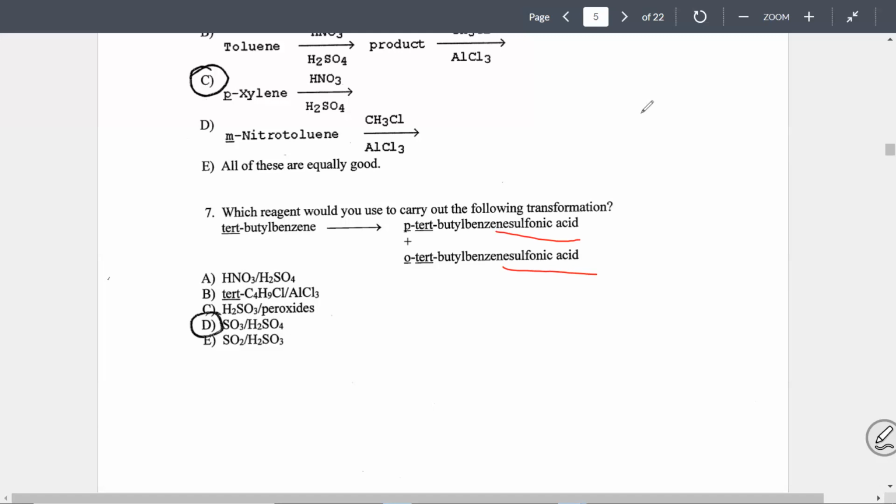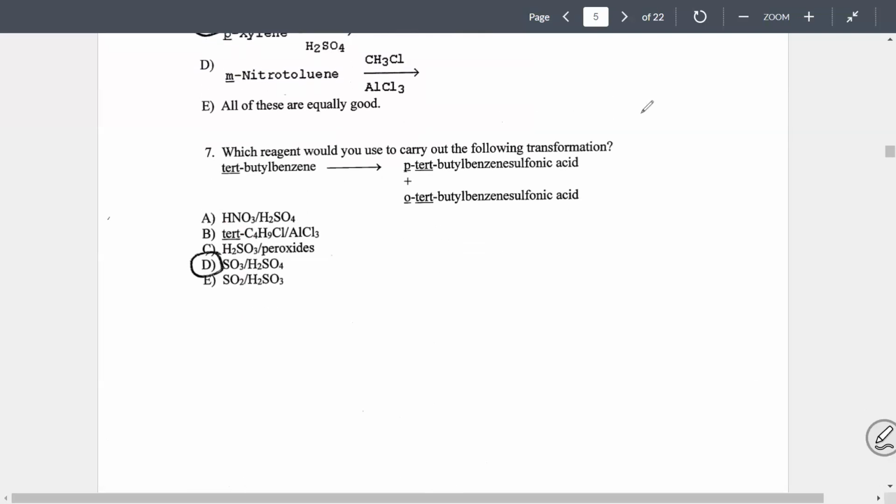In the final molecule, we're just adding sulfonic acid. So we can easily discard the first three. Now, the next portion was just based on memorization. I told you guys to memorize the exact reagents. So it's SO3. SO2 is there to distract you. So E is not even a reaction.